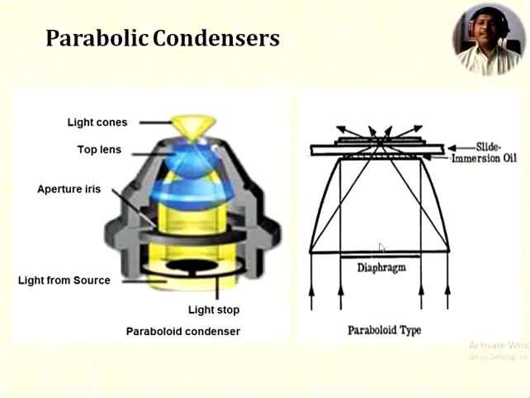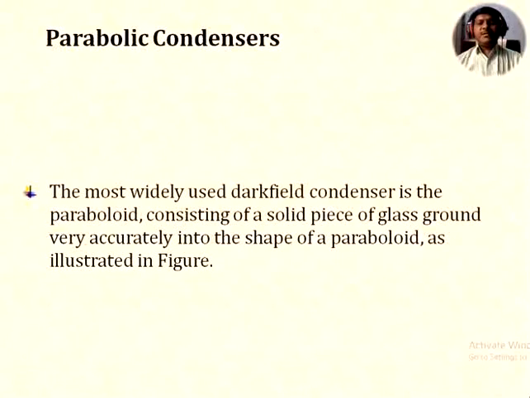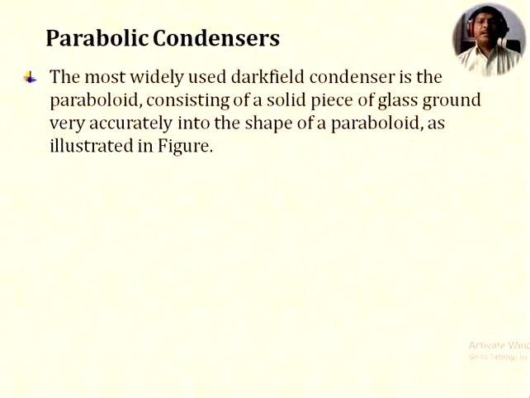Here is the parabola that will be formed, due to which the image is focused in dark field microscopy. This parabolic type of condenser is also used in dark field microscopy. The most widely used dark field condenser is the paraboloid, consisting of a solid piece of glass ground very accurately into the shape of a paraboloid, as illustrated in the figure.